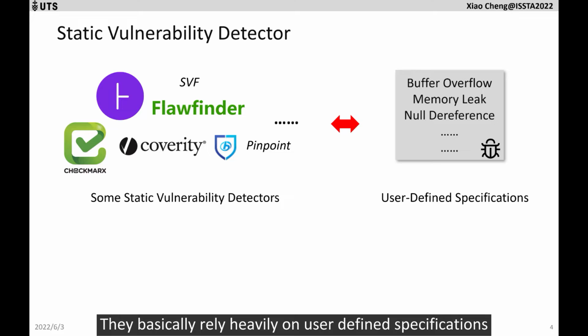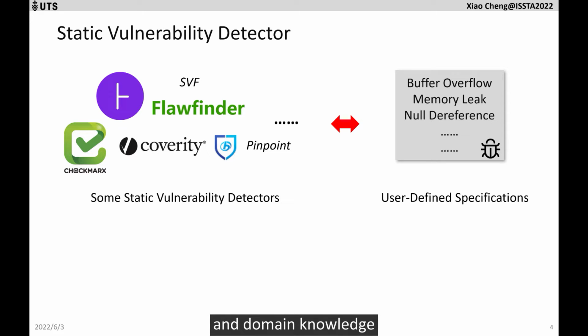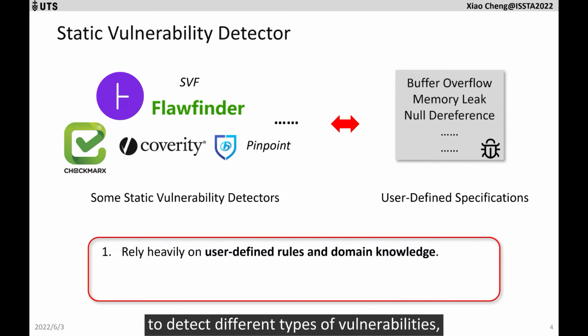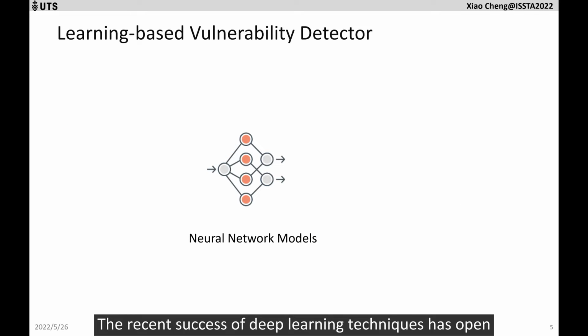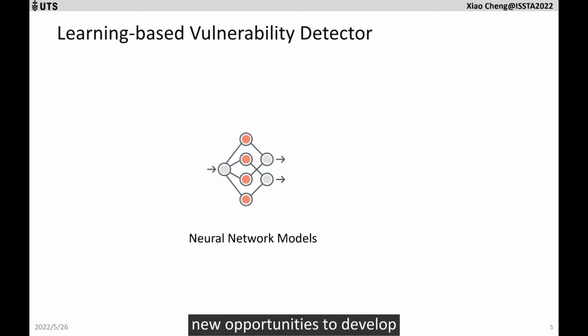They basically rely heavily on user-defined specifications and domain knowledge to detect different types of vulnerabilities, making them label-intensive. They also have difficulty in finding a wider range of vulnerabilities, like naming issues and incorrect business logic.